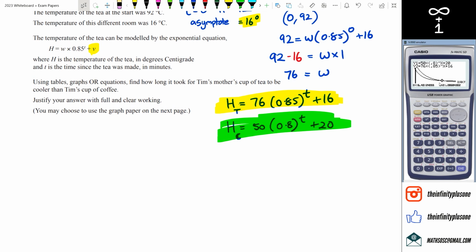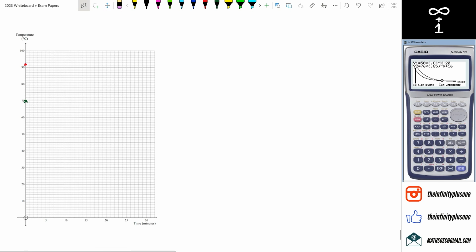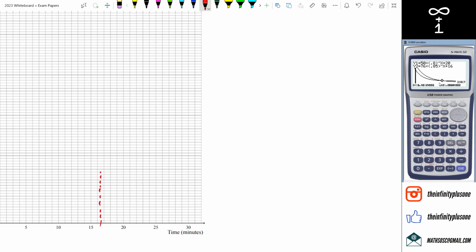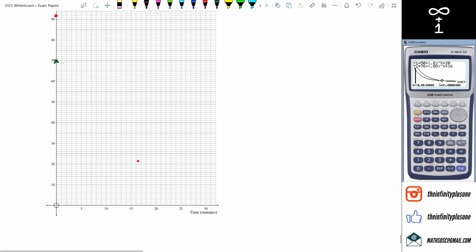And at 16.4, according to my graph, 20.2. God, that's going to be such a painful thing to draw. That's 16.4, so roughly somewhere here. No, that's 15. 16.4, it's at 21.2 degrees. Yeah, somewhere there. That's where the graphs actually meet.